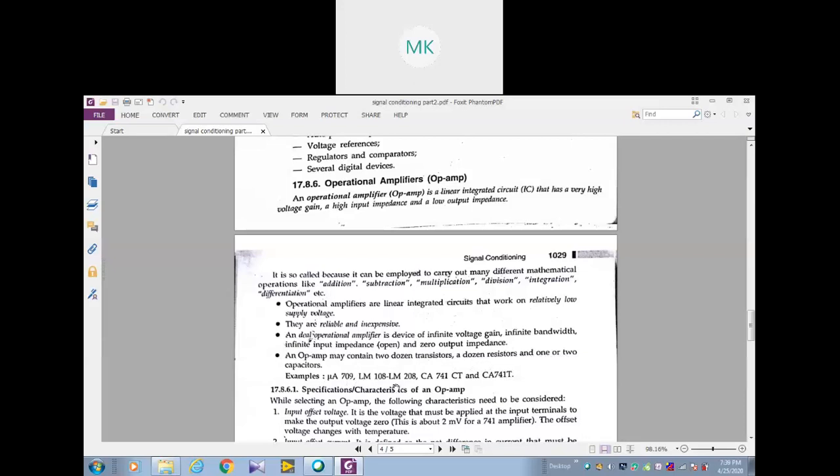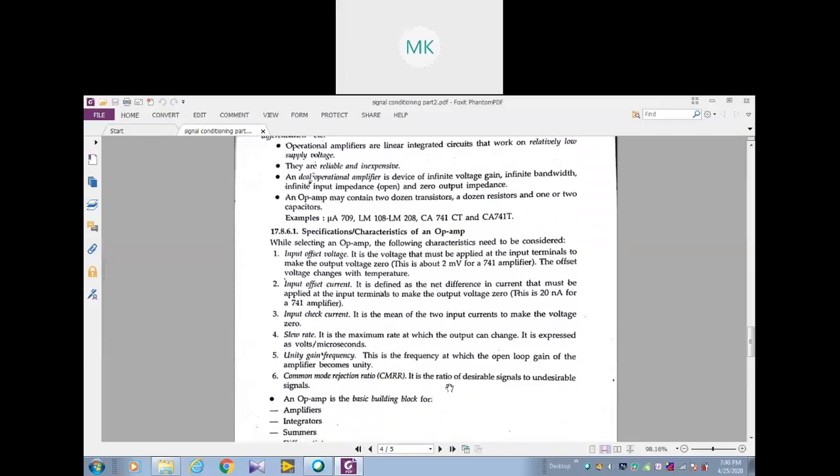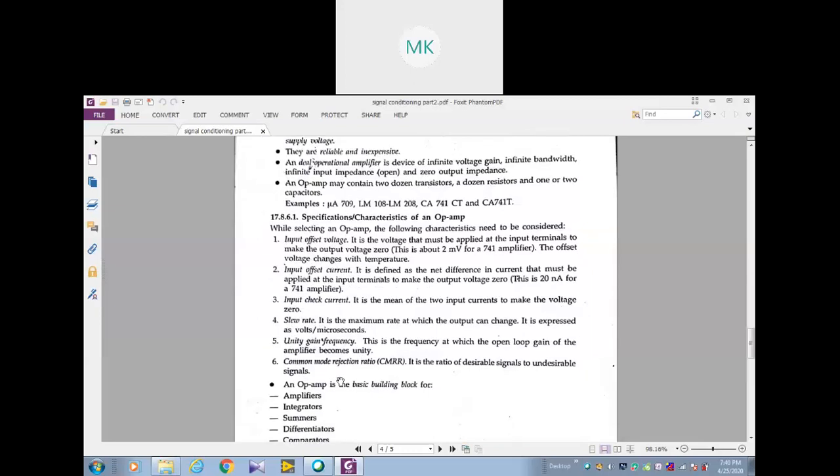Now these are the examples for the op amps. The specifications or characteristics of an op amp: in the 4th semester you have studied this very perfectly. You have studied all these characteristics: input offset voltage, input offset current, input bias current, slew rate, unity gain frequency, common mode rejection ratio. Everything you have studied.